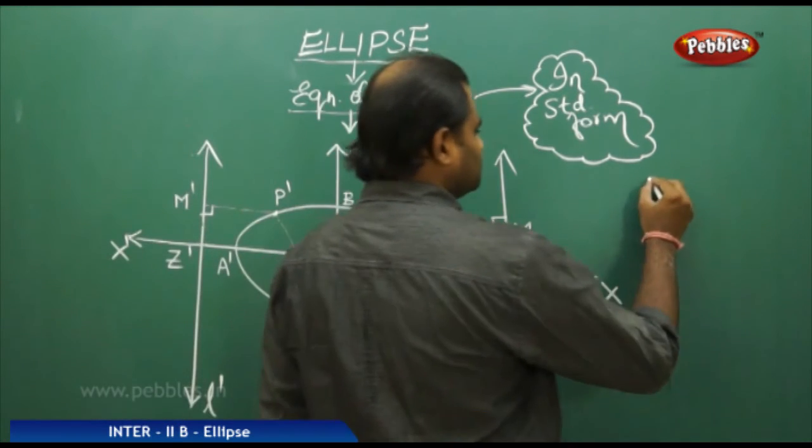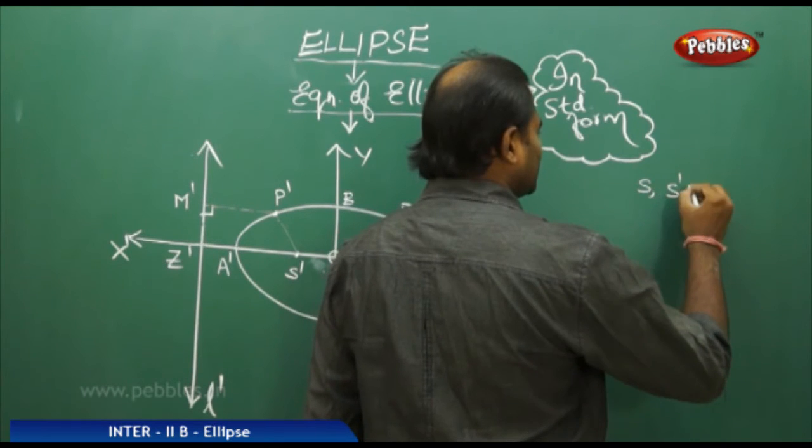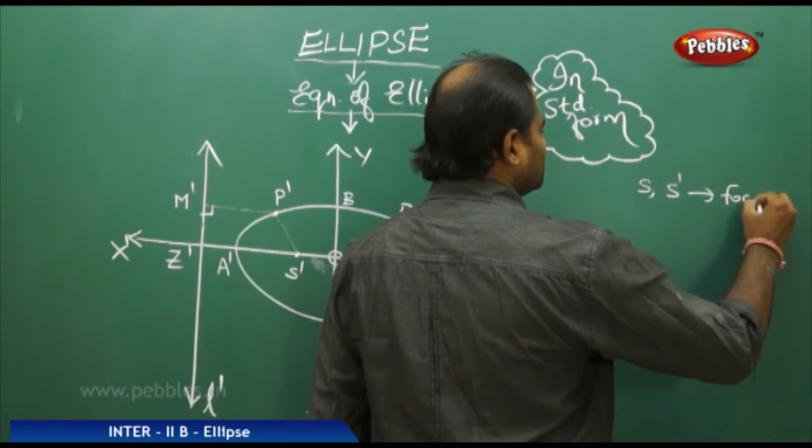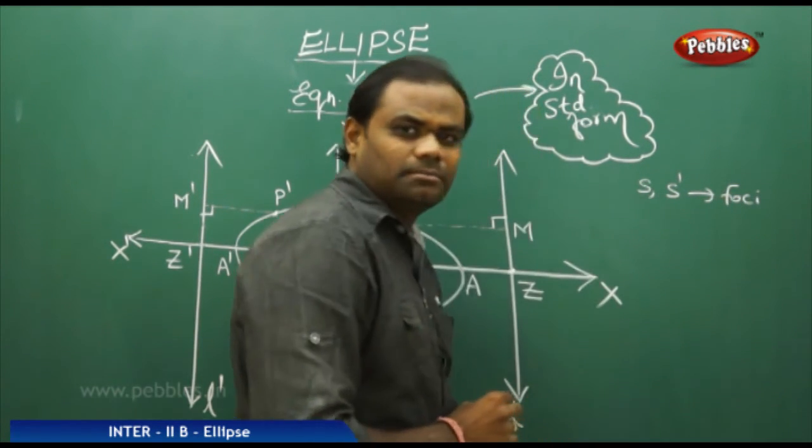So here S and S dash are called the foci of the ellipse.